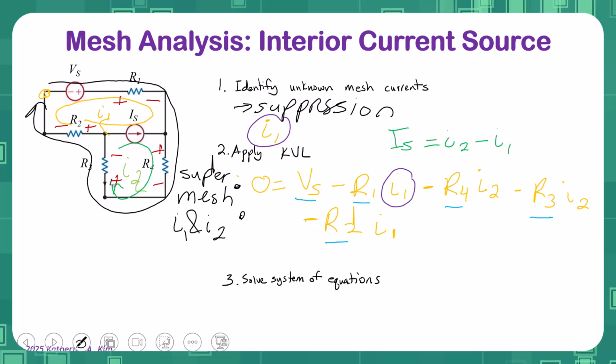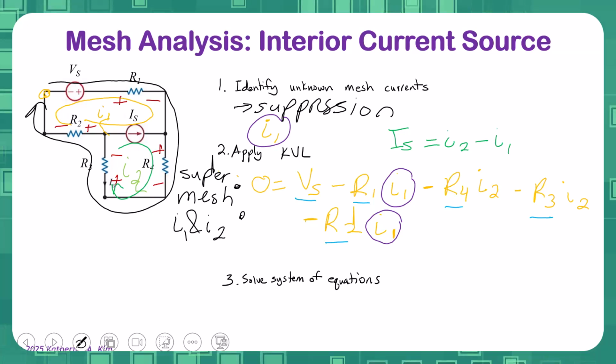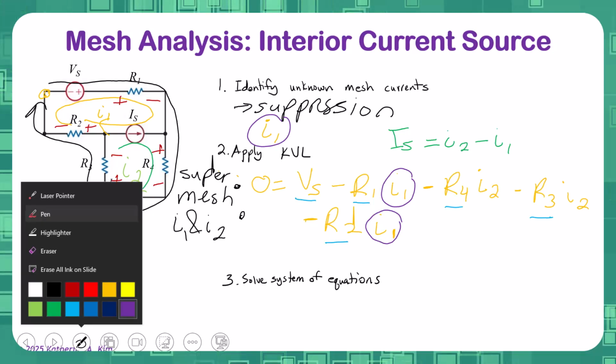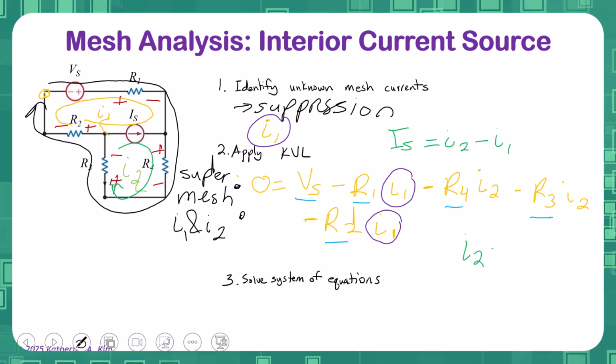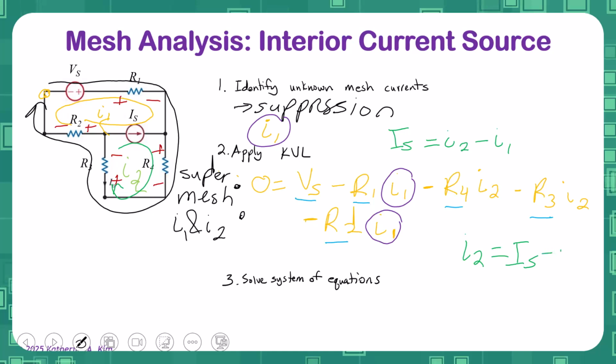So we have I1 here, I1 here. And we do have two I2s. What we would do is replace those using our current source equation. Let's write that out in green. I2 equals IS minus I1. And we put that into both places.